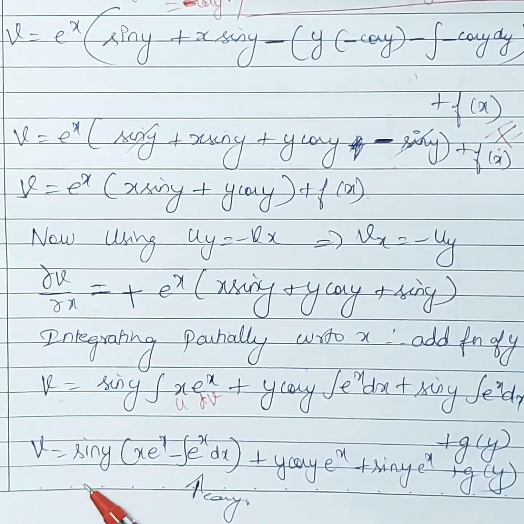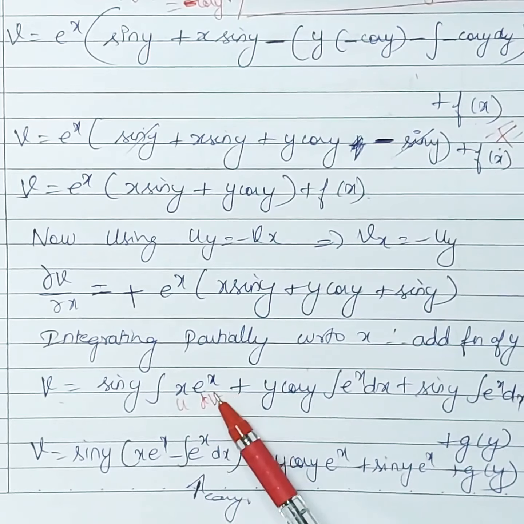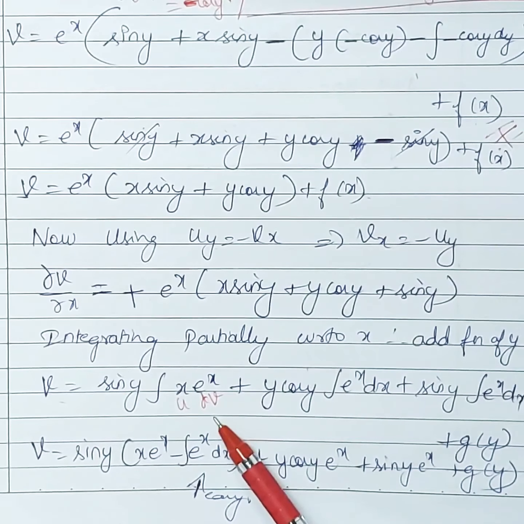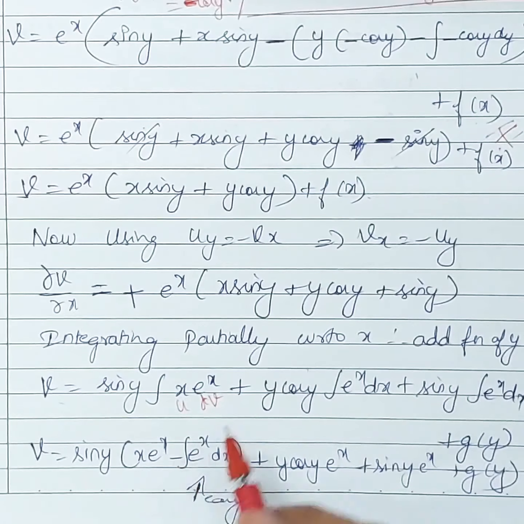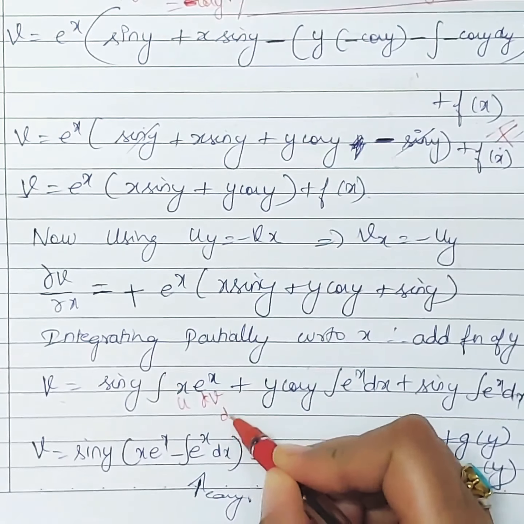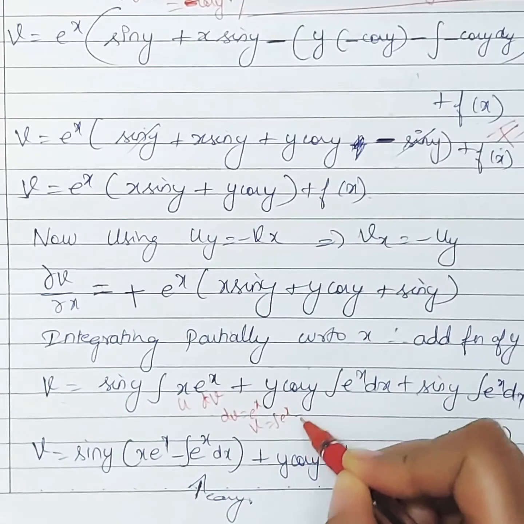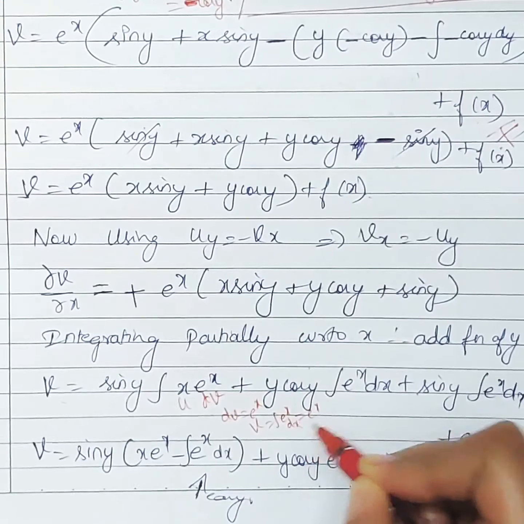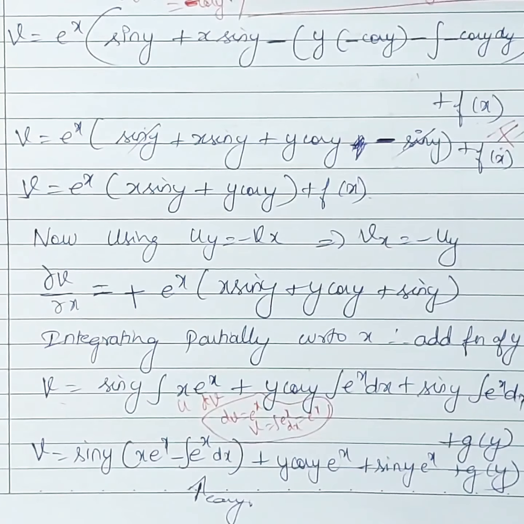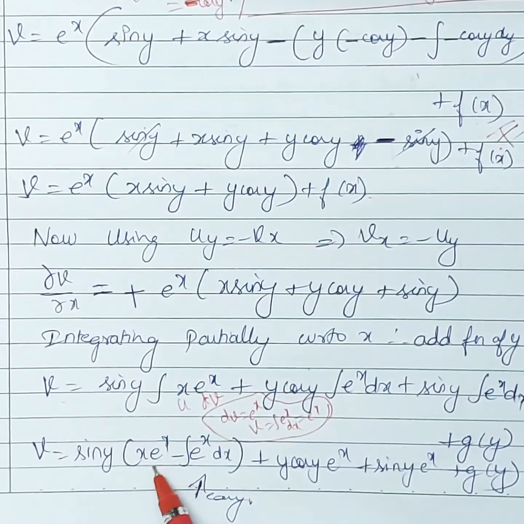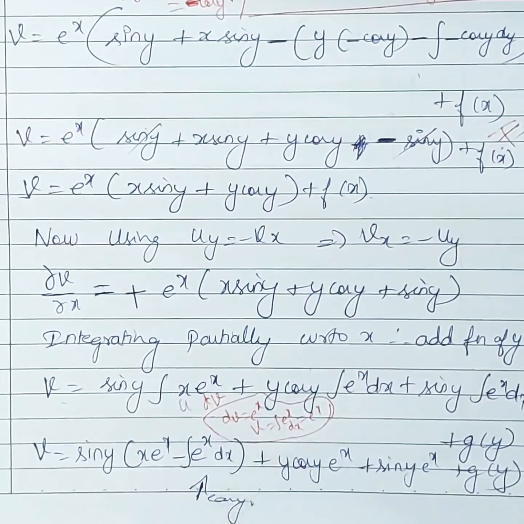So write sin y as it is, u v, u is x, dv is e power x, v is also e power x. Okay, so if you want, I can write dv is equal to e power x dx, v is integral of e power x, that's equal to e power x. Yes. Okay, so uv, x into e power x minus integral v is e power x, du is dx.